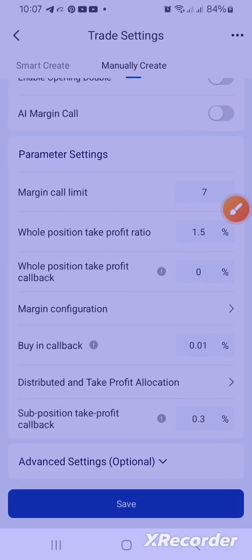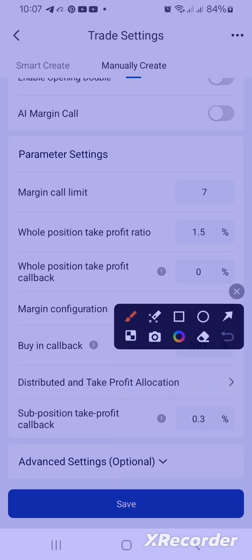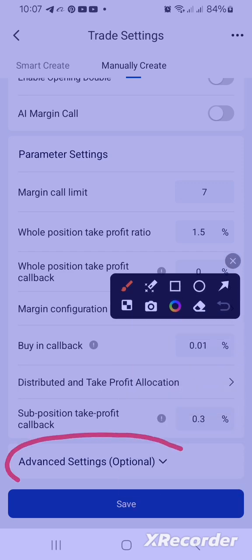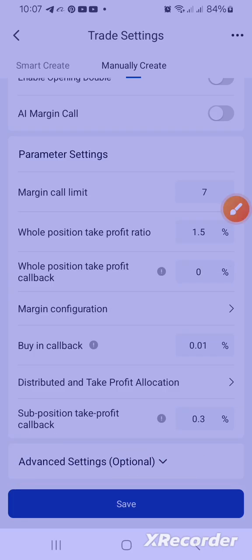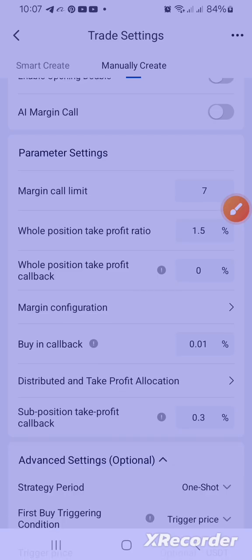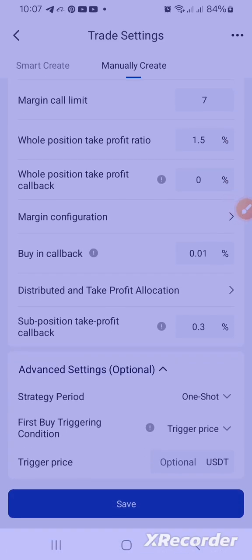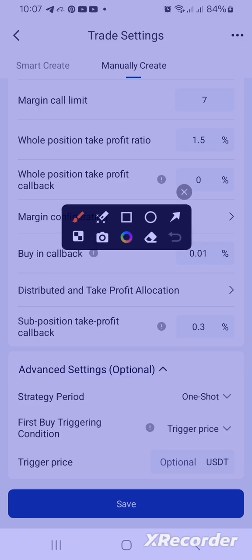You come here, advanced settings. Okay, then you press here on option. Now when you press option, you will see these other, you will see strategy period, first buy, triggering condition, trigger price.